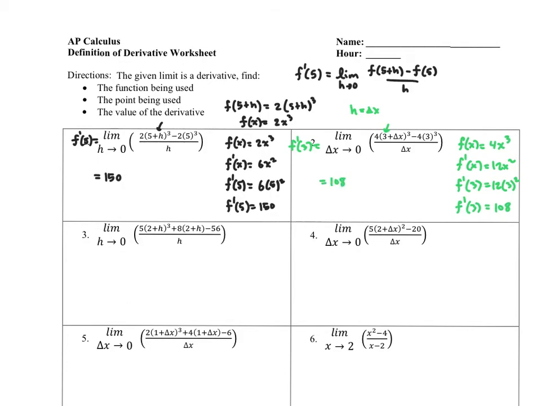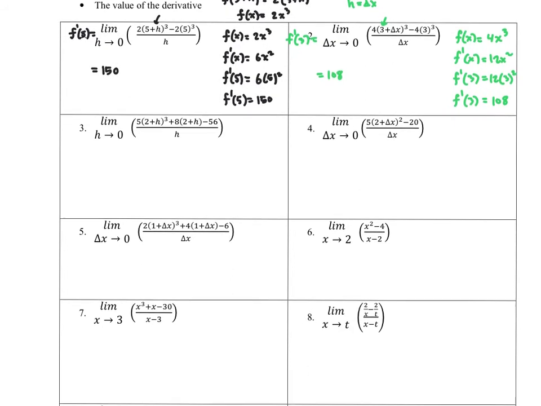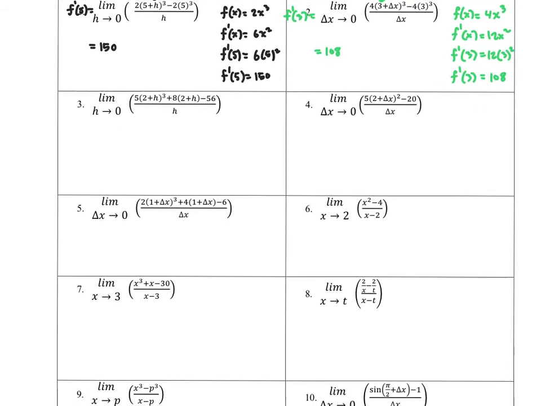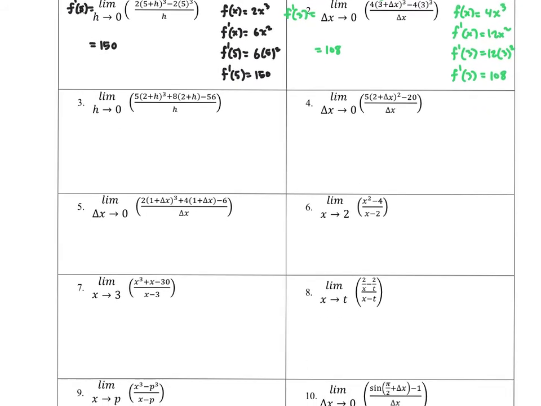Okay, let's look at a slightly more challenging example. How about number 5? Number 5, you can see here that I've got the derivative being evaluated at 1.